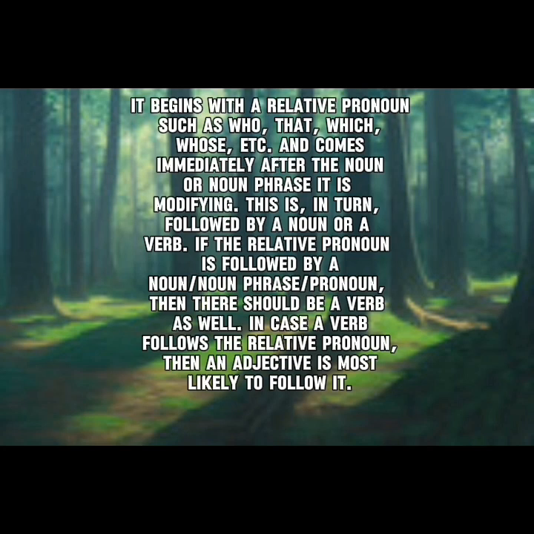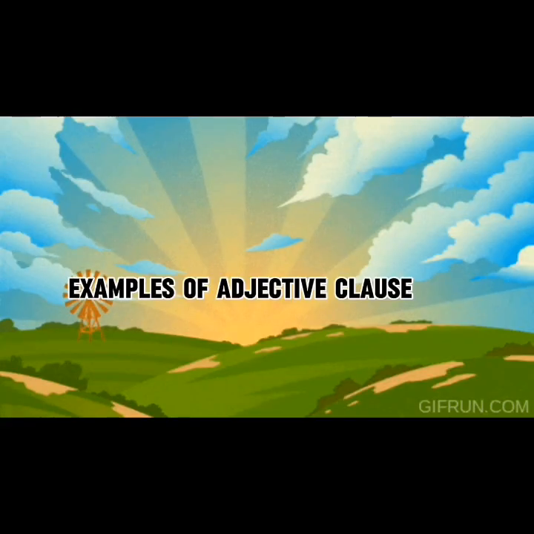This is, in turn, followed by a noun or a verb. If the relative pronoun is followed by a noun phrase or pronoun, then there should be a verb as well. In case a verb follows the relative pronoun, then an adjective is most likely to follow it.